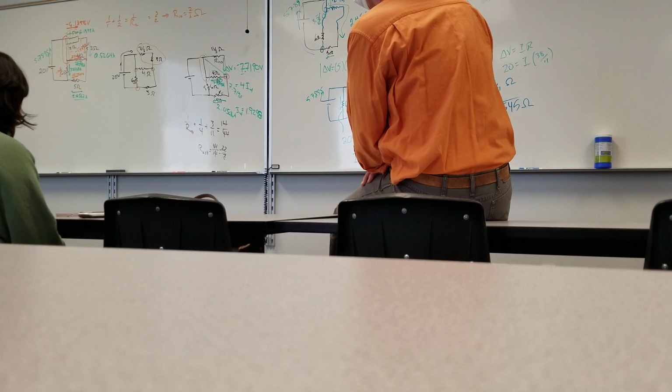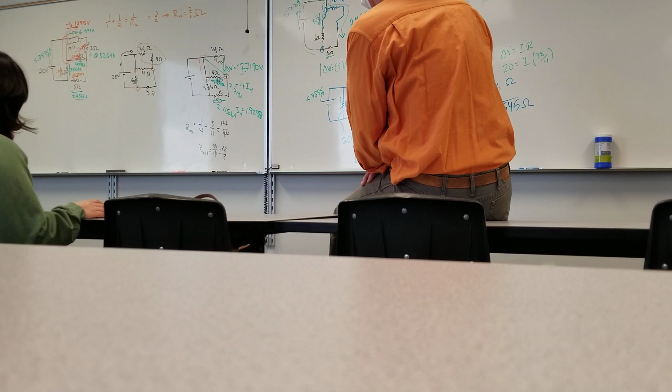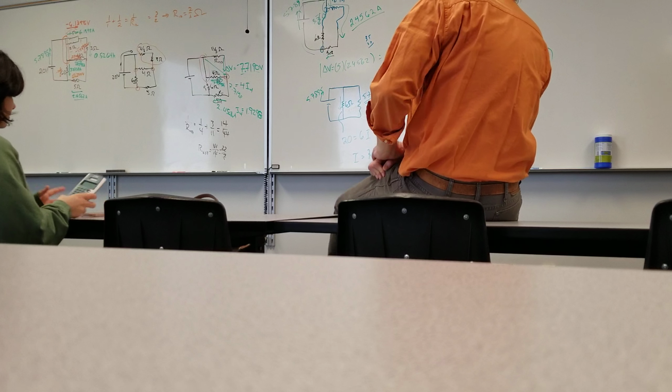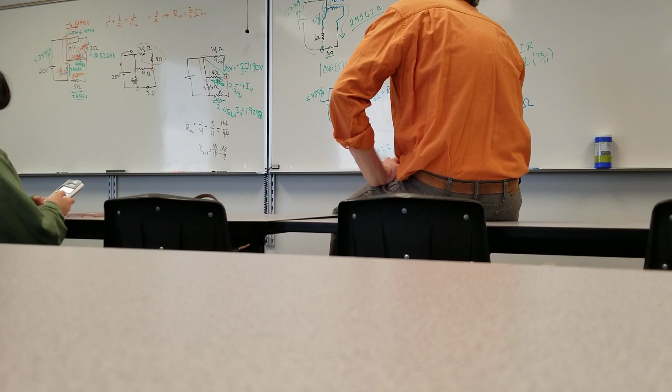So 2/3. We started out with 1/1 plus 1/2. That's 3/2, so flip it, 2/3. Then we add 3 and 2/3, so that's 11/3. Good. And then we have the 11/3, flip it to 3/11, and plus 1/4 on a denominator of 44.